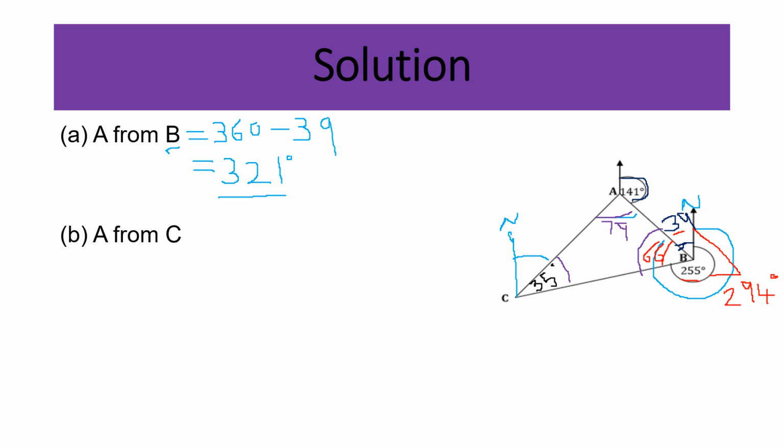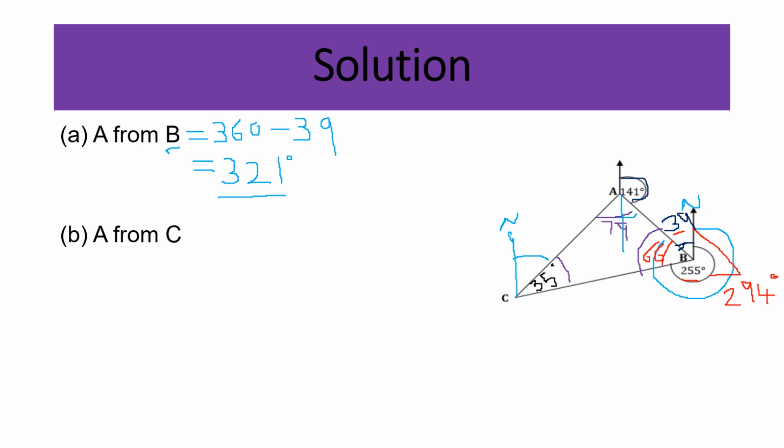Now to get the angle which we are looking for here, let's extend the North Pole at A down. When you extend it, we are having right angles.